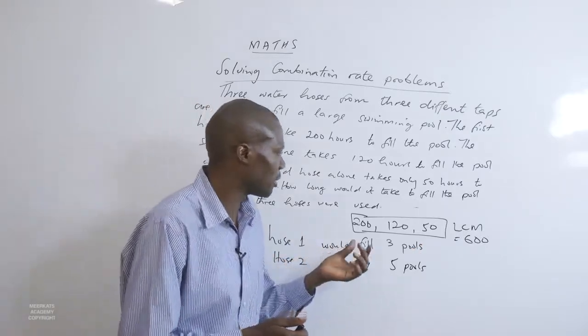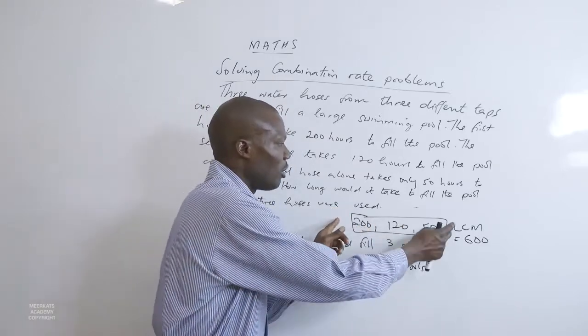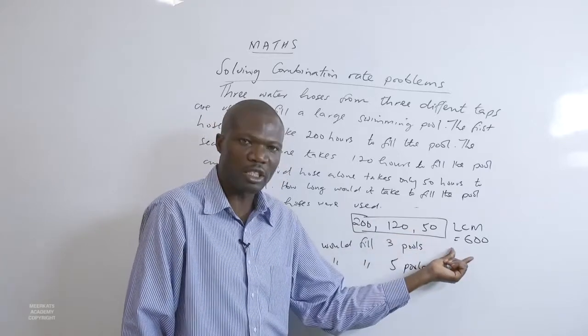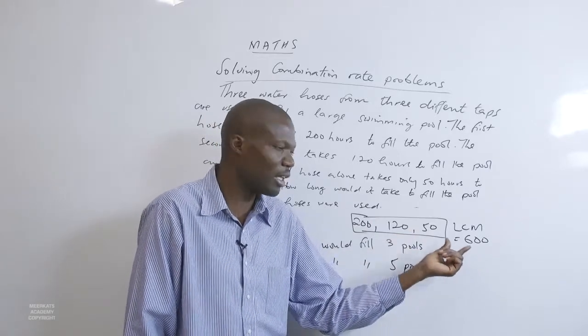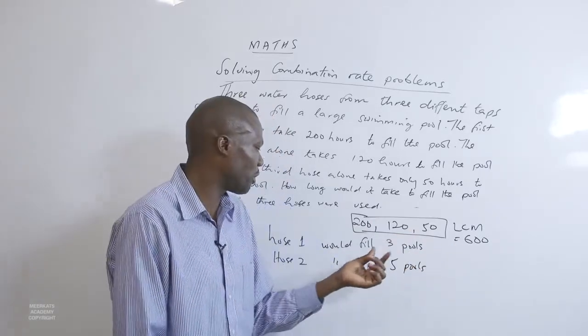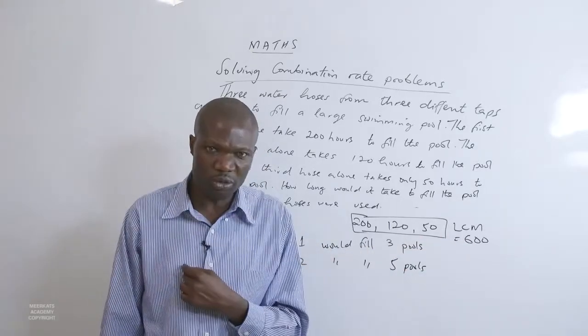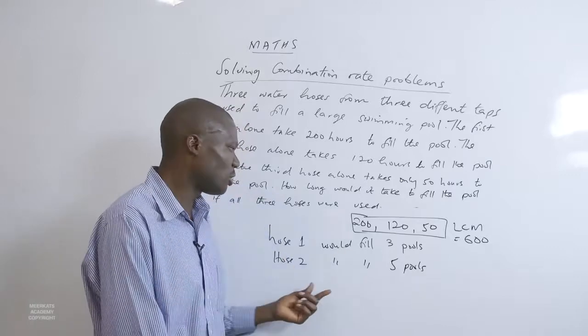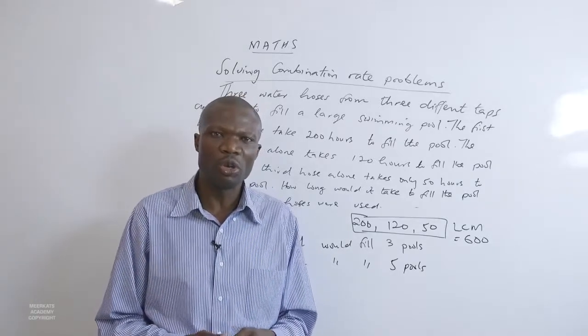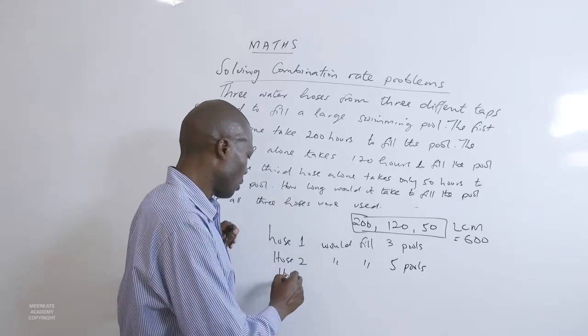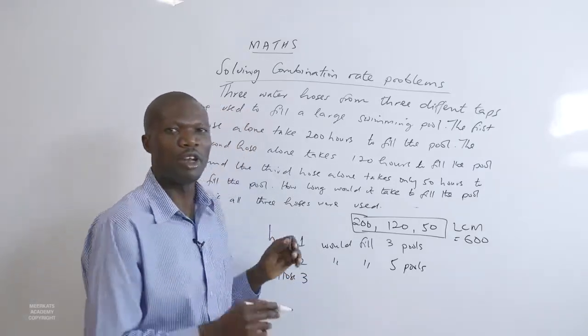And I'll repeat this. The least common multiple for 200, 120, and 50 is 600. So using the 600 here as a common multiple, we find that with 600, horse 1 can fill 3 pools. With 600, horse 2 can fill 5 pools. With 600, horse 3 can fill how many pools?